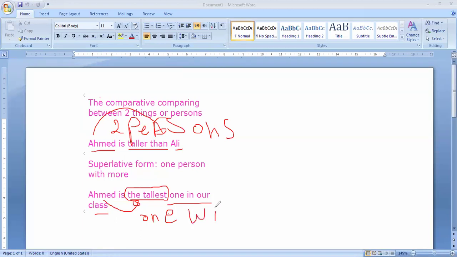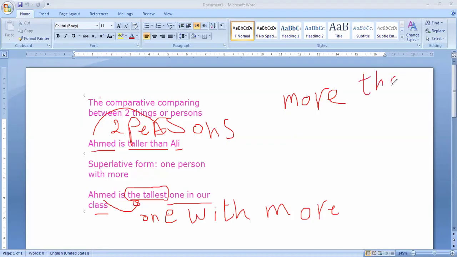Okay, we have adjectives with one syllable and adjectives with more than one syllable. In the comparative form, for adjectives with more than one syllable we use more than.